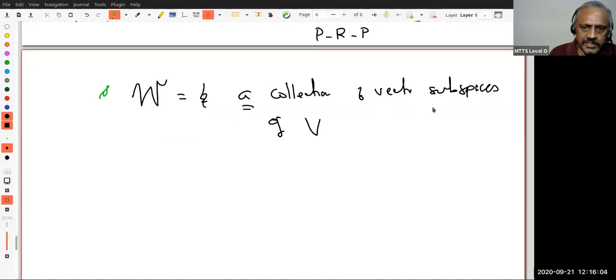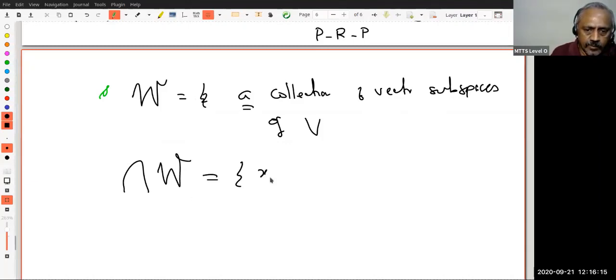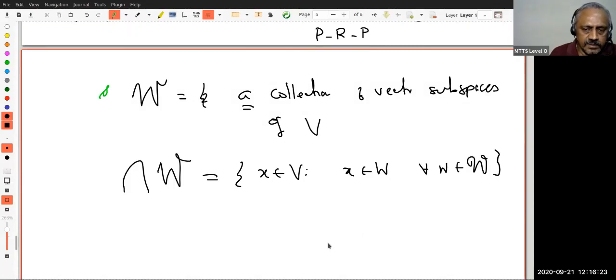This is only a collection of vector subspaces of B. You understand this? Okay. Now what? Then we define what script W intersection is. Therefore, this is a subset of vectors X in B such that X belongs to W for each W in script W. You understand this? Now, is this a vector subspace?